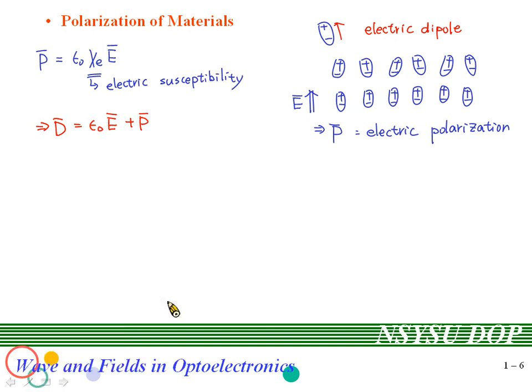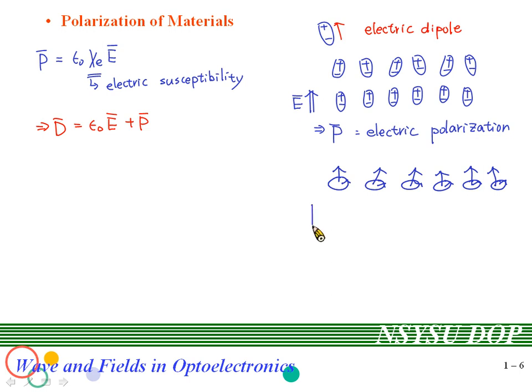Similarly, inside an atom, we have a positive nucleus, but we have negative charges around the nucleus, so we will form magnetic dipoles. Initially, each magnetic dipole points in a different direction. As a result, you cannot observe the effect of all these magnetic dipoles.